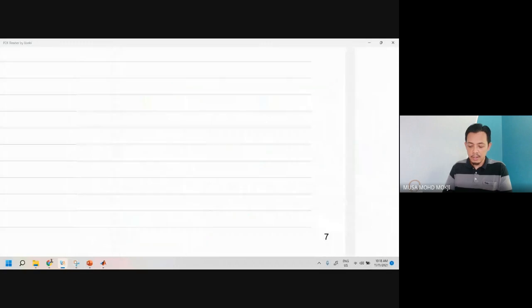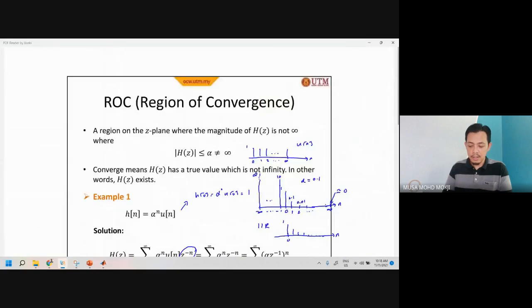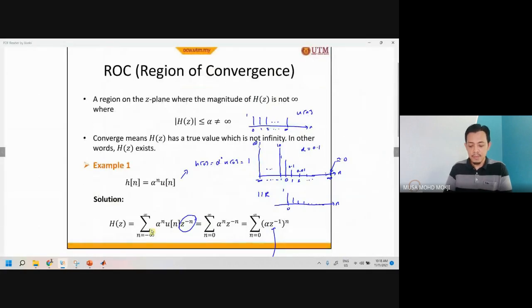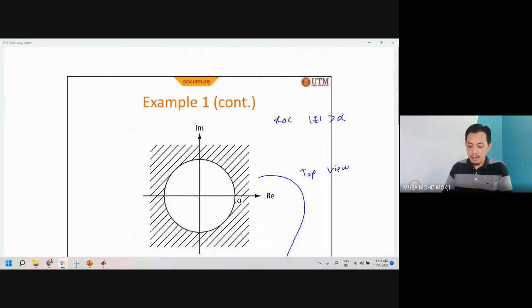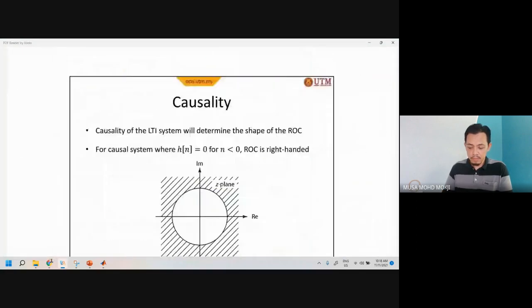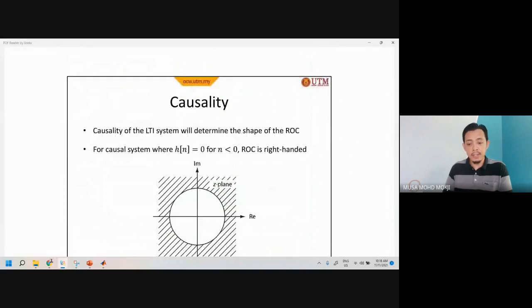This is one of the examples. What is the h[n] in this case? In this case, h[n] is alpha to the power of n times u[n]. So this is IIR, infinite impulse response. And then we have seen about causality.